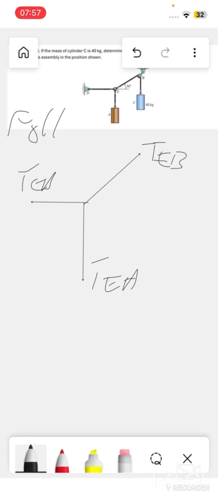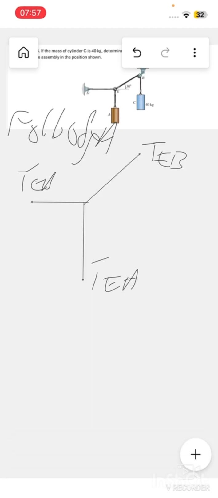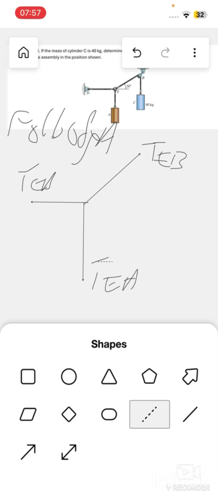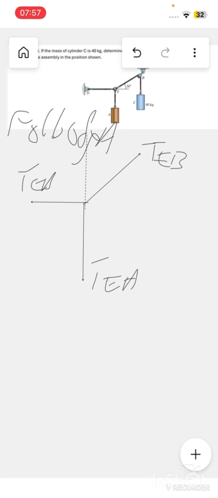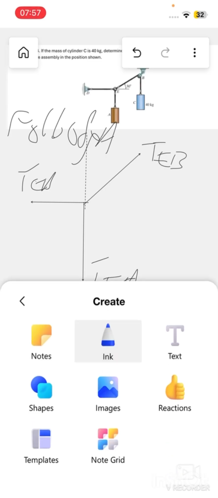For body A, what I like to do mostly in order to answer these questions is to show the vertical and the horizontal components. So these dotted lines, or imaginary lines, are going to represent the components of the forces, right?